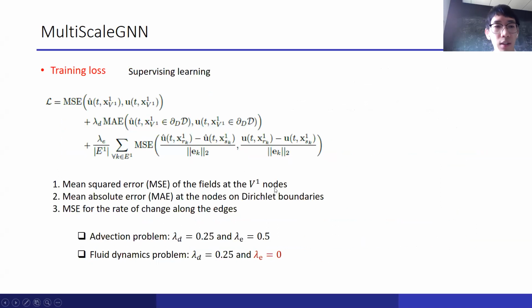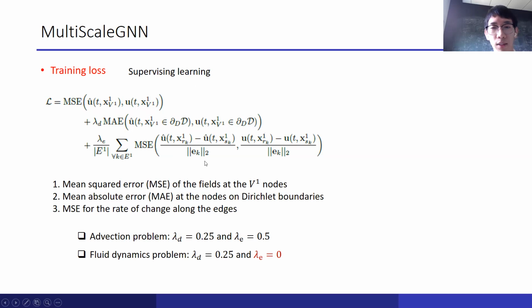And finally, let's see the loss function used to train the model. We mentioned that this is a supervised learning strategy, so we have ground truth data for training. Here, U denotes the ground truth data, and U hat is the prediction from the neural network. The loss function is composed of three terms. The first one is the mean square error of the field at the original nodes. The second one is the mean absolute error at the nodes on the boundaries, which is used to penalize the boundary error.